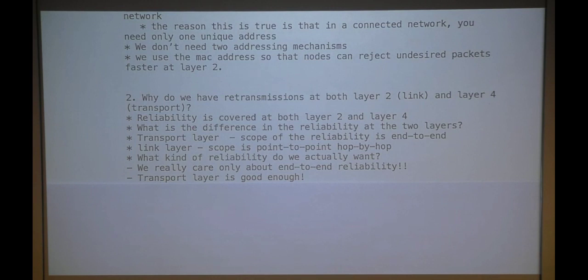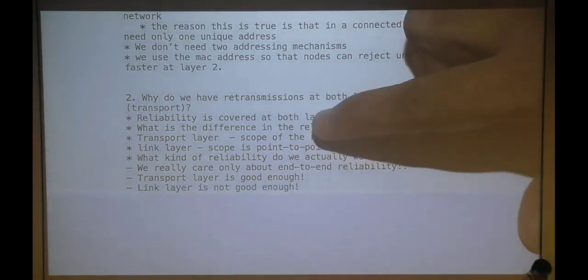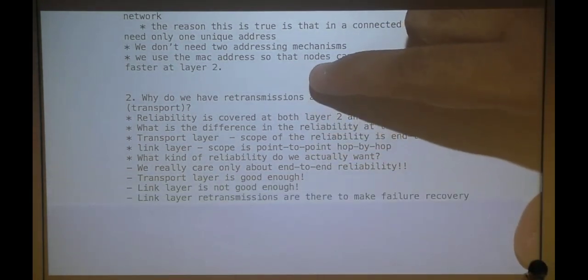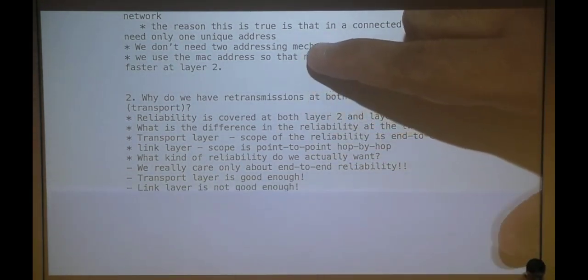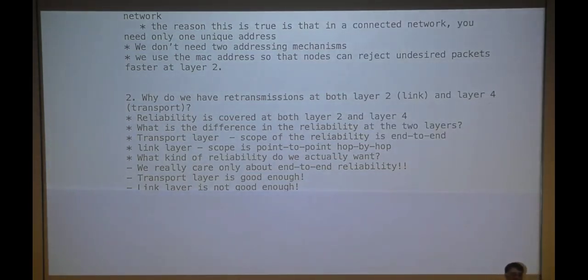So the point is, again, to repeat, the link layer is not good enough, because it only guarantees that it gets into the buffer of the next hop node. It does not guarantee the next hop node will forward the packet.